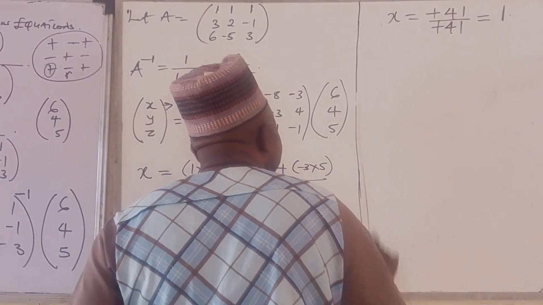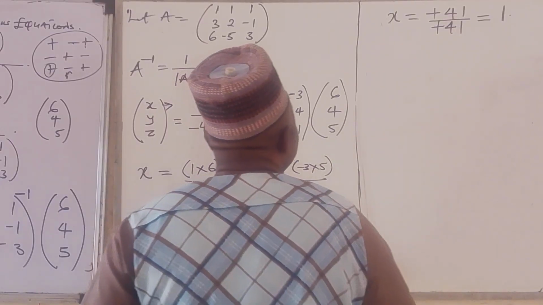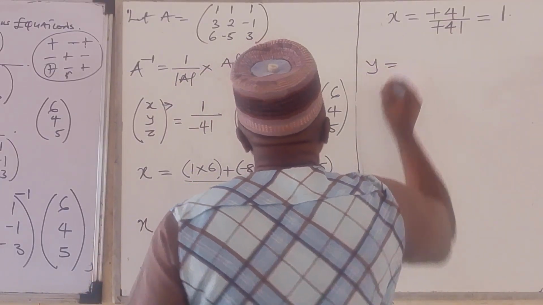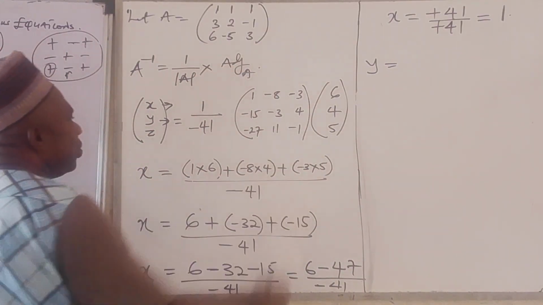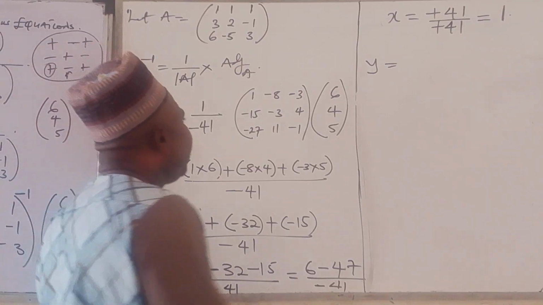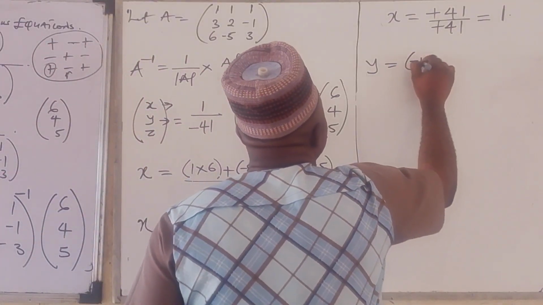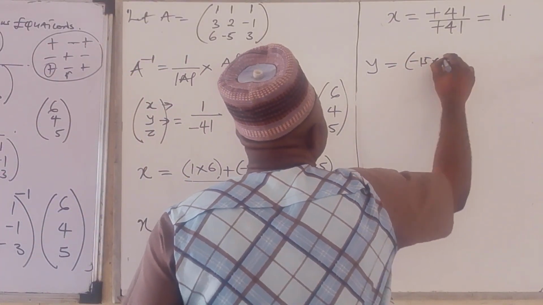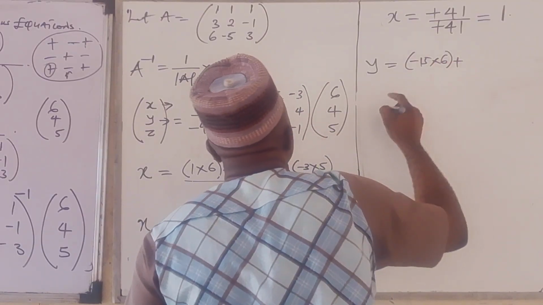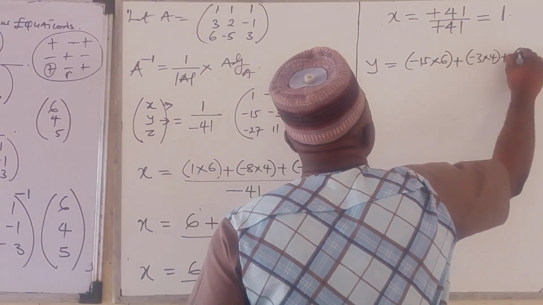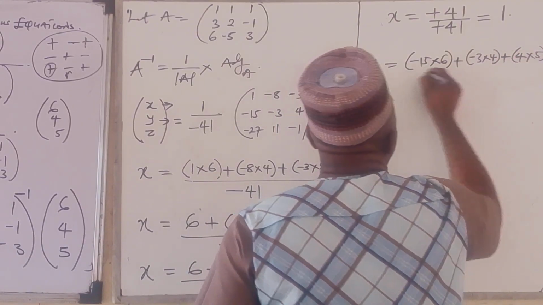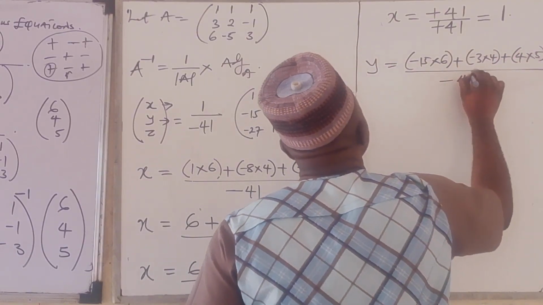Yes, so let's get the value of our y. So y now will be equal to, now remember here, y is the second one. So you go to the second rule. So here we have minus 15 times 6, plus we have minus 3 times 4 plus 4 times 5 all over minus 41.